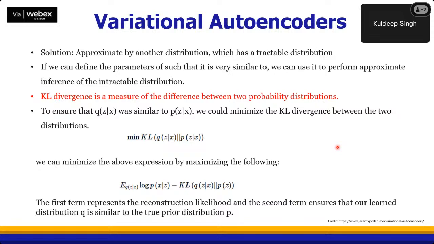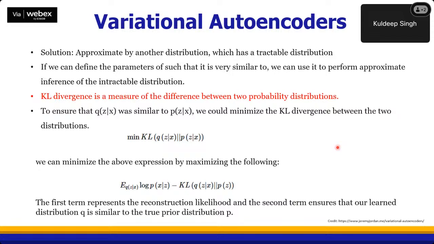And how do we achieve this? We take help of KL divergence. I'm not sure how many of you have studied it, so I'm just giving you a brief about it. Basically, the KL divergence gives you a metric that measures the difference between two probability distributions.